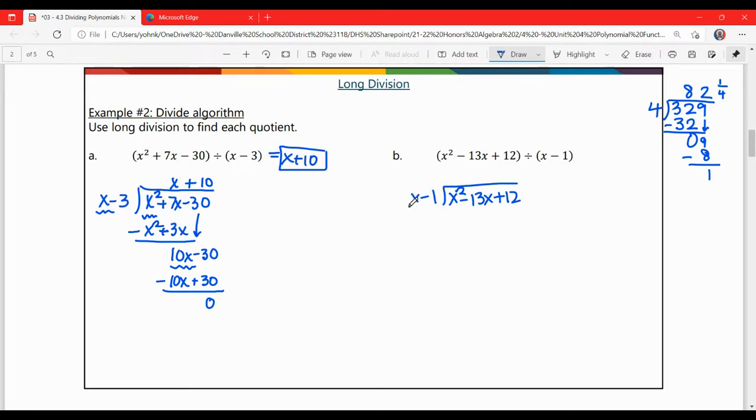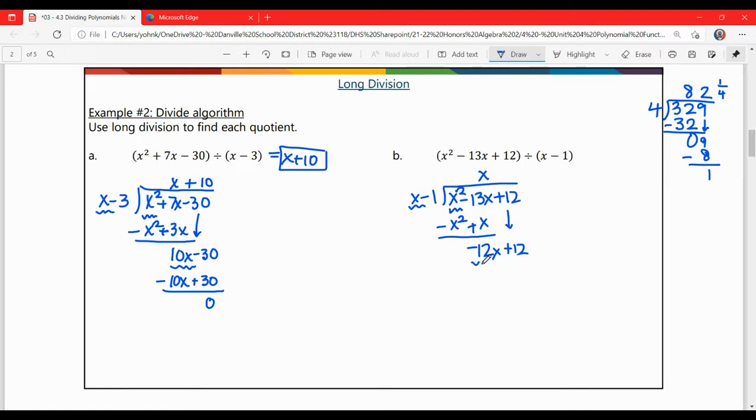So again, we're only looking at the beginning things. So what do you multiply x by to get x squared? And that's x, so you put it above the other x. Then you distribute. X times x is x squared. X times -1 is -x. Then you draw your line, and you change your signs, and you add, and you get -12x, and you bring down the plus 12.